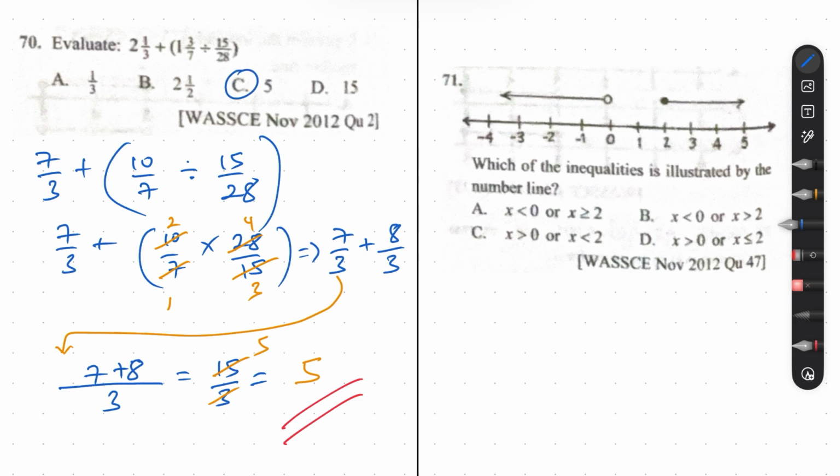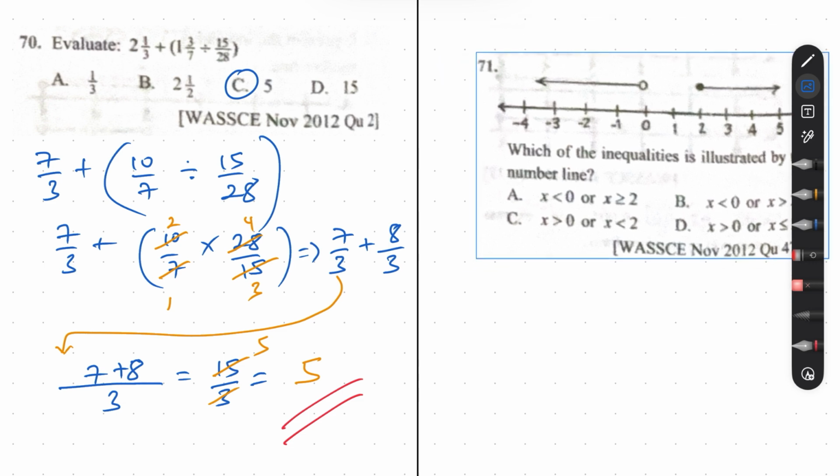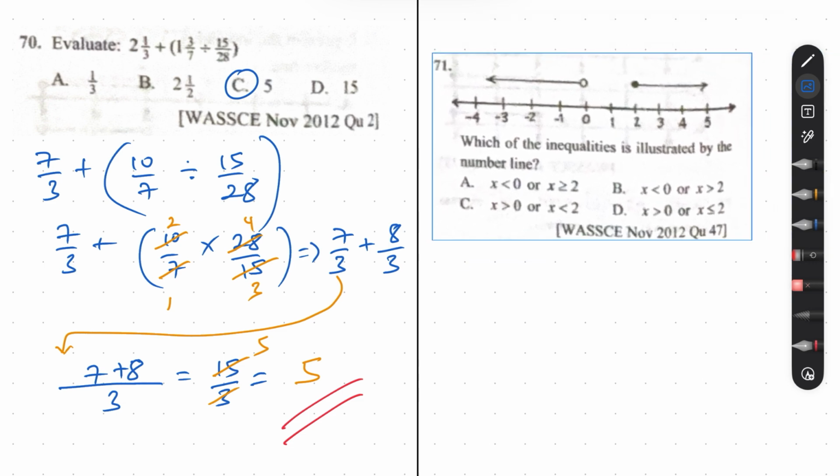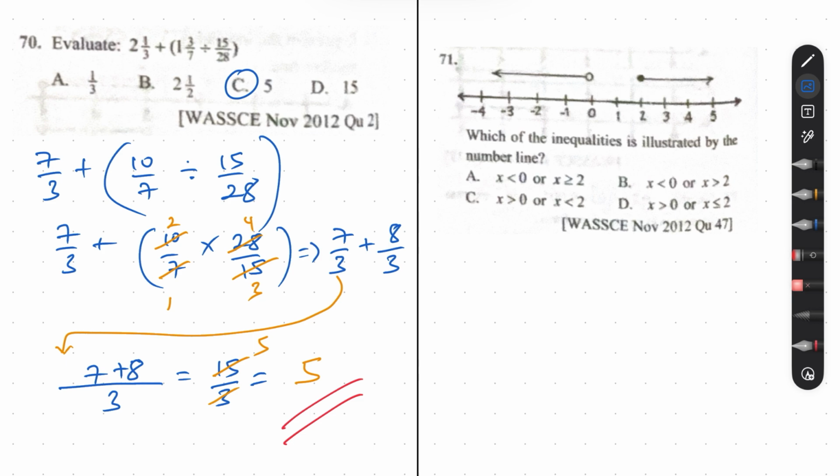Now let's move on to question number 71. It says, which of the inequalities is illustrated by the number line? First, let's forget about the options and just look at this and see if we can write it down. So assuming that the numbers we have are x, let's write x.